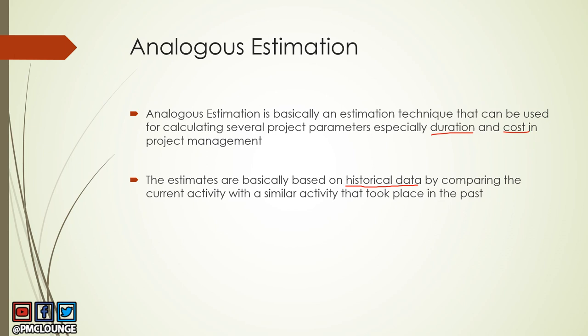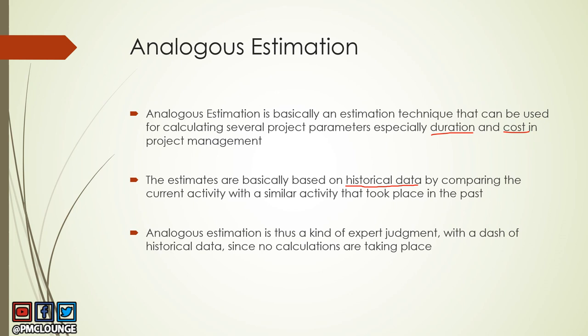So what you basically do is look at the activity in hand that you need to estimate, and then you draw comparisons with a similar activity that you have already performed in the past, and then you come up with an estimate of sorts about how much time or how much cost it will take to do that activity.